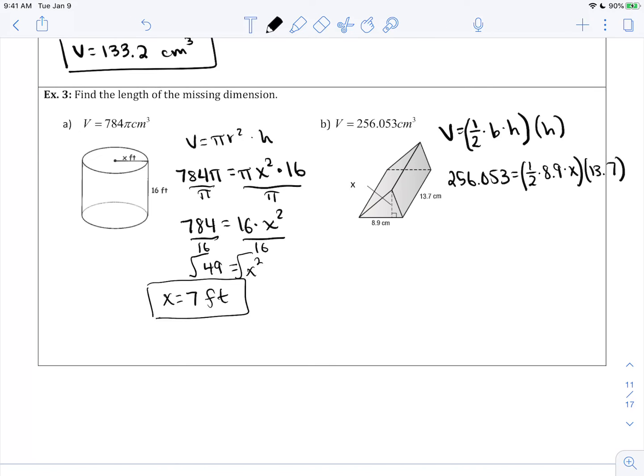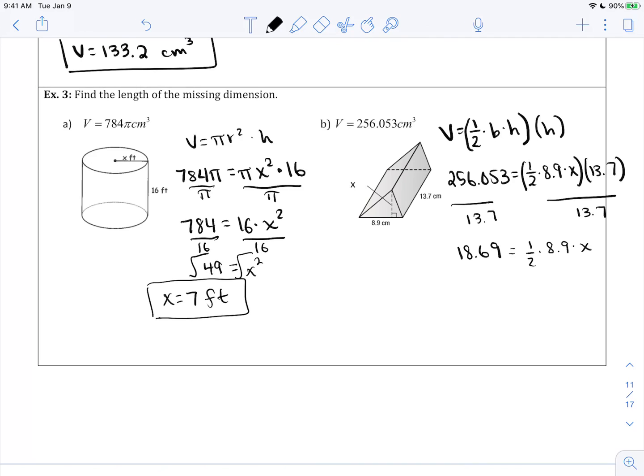All right, so now we want to solve this, undo it, get x by itself. So I'm going to divide by 13.7 and cancel that 13.7 off on the right side. I'd be left with 1/2 times 8.9 times x, and when I divide by 13.7, I get 18.69.